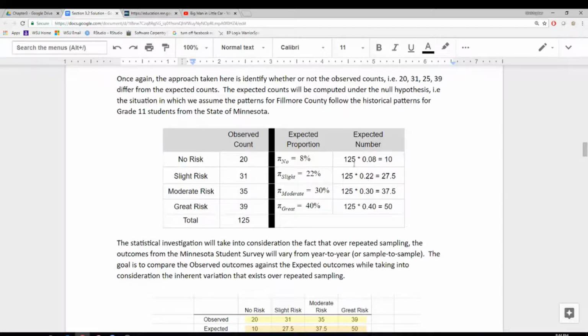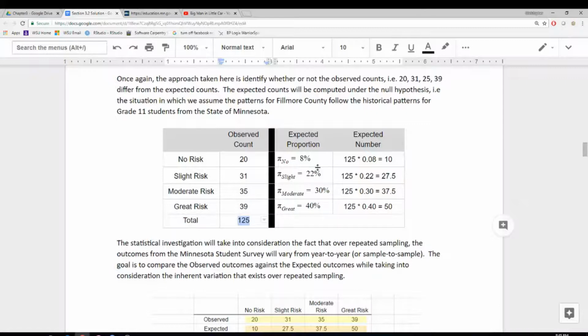Well, I take the total number of students that are being considered here, which there were 125. So I had information on 125 students from Fillmore County. Recall that the observed counts here were 20, 31, 35, and 39. But there was 125 in total from Fillmore County.